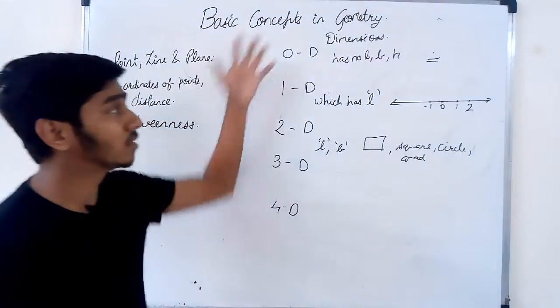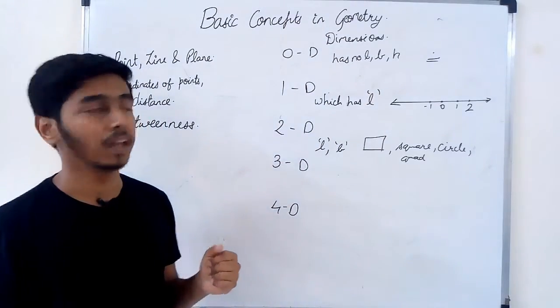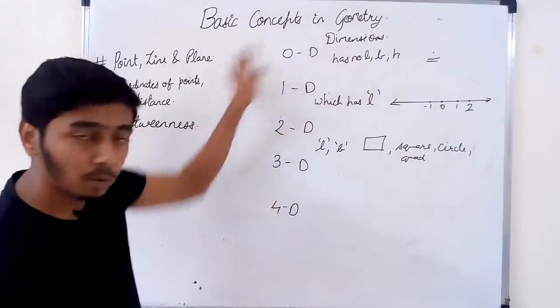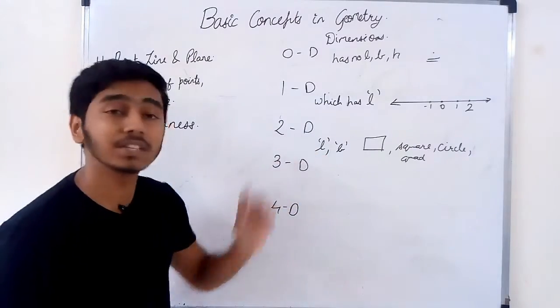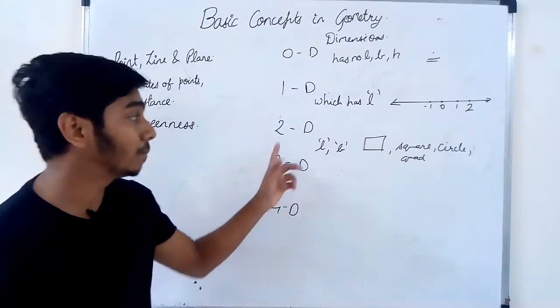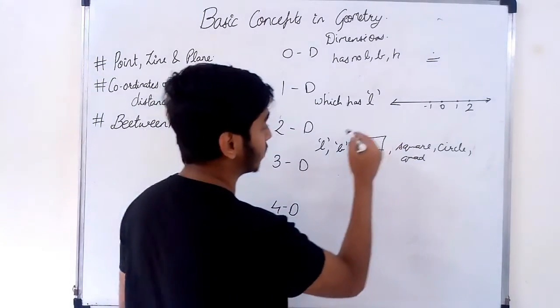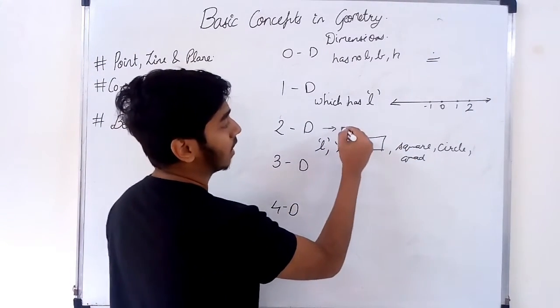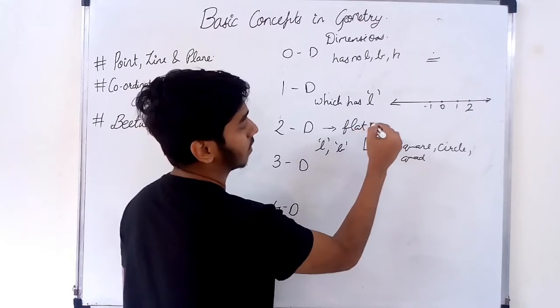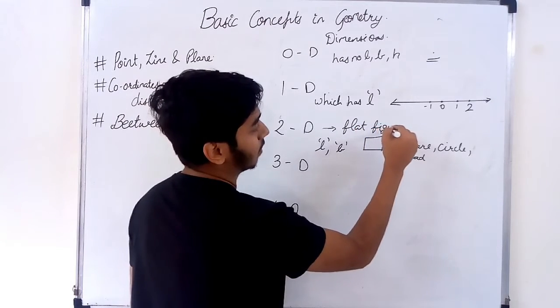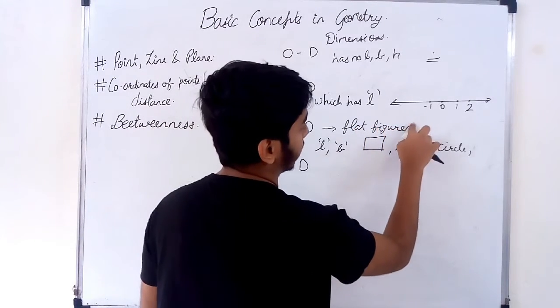Now just imagine this full board itself. Can we say this whiteboard itself is a 2D structure? Yes. Why? Because it is a rectangular shape. We can also say that it is a flat figure.